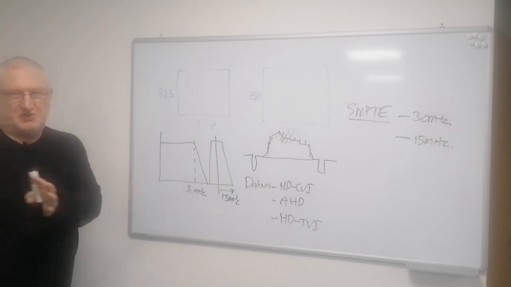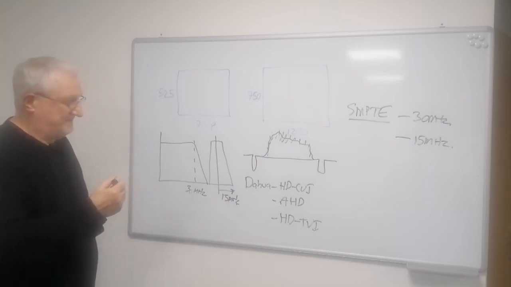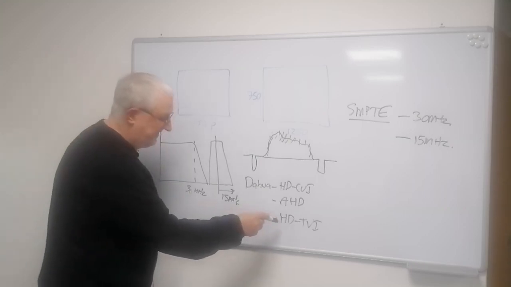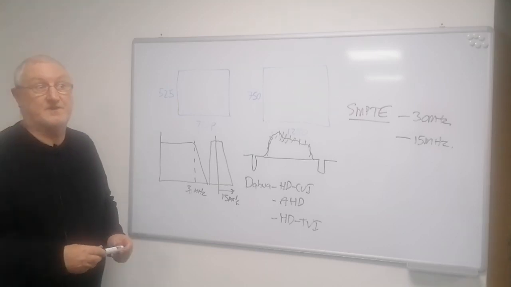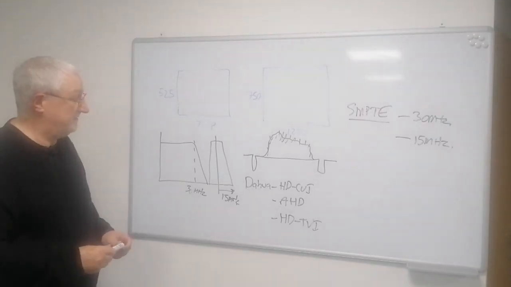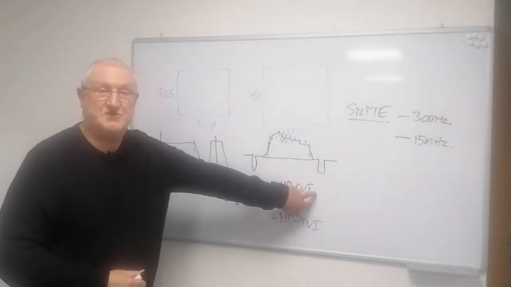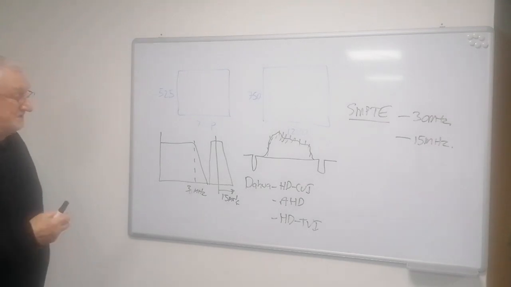This is purely the transmission part of the system. So my understanding, from what I've seen of the numbers of where the subcarrier is, is that HD-TVI has the highest bandwidth and therefore theoretically should provide the best resolution. And these two, not much to choose between them. So that in short is a sort of description of what they are.